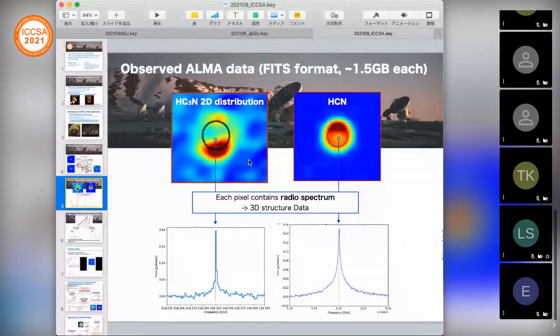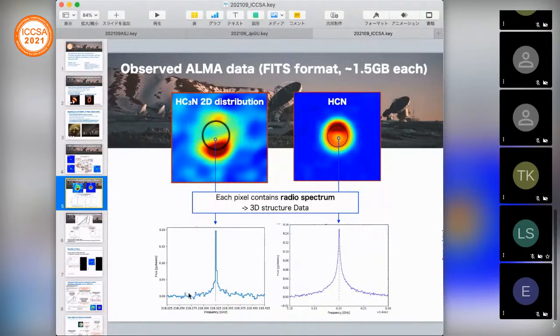In addition, this picture is in FITS format made by NASA, and these files are very large, 1.5 gigabytes each, because this is three-dimensional data. Each pixel contains a radio spectrum. In a radio spectrum like this, the x-axis is frequency or wavelength, and the y-axis is intensity.